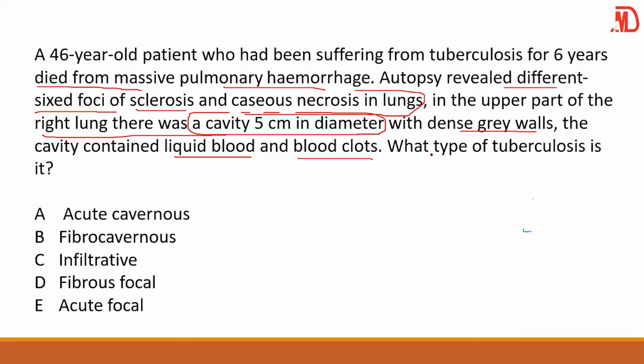Microscopically, the outer wall of the cavity shows fibrosis or sclerosis. Here, they've told us that the autopsy revealed different foci of sclerosis, also meaning fibrosis, and gaseous necrosis in the lungs. So definitely we are thinking of a fibrocavernous form.